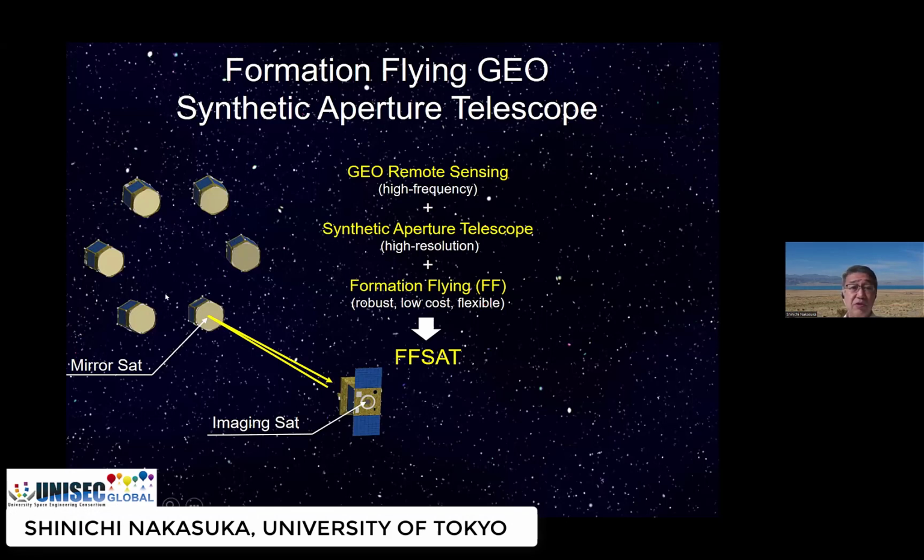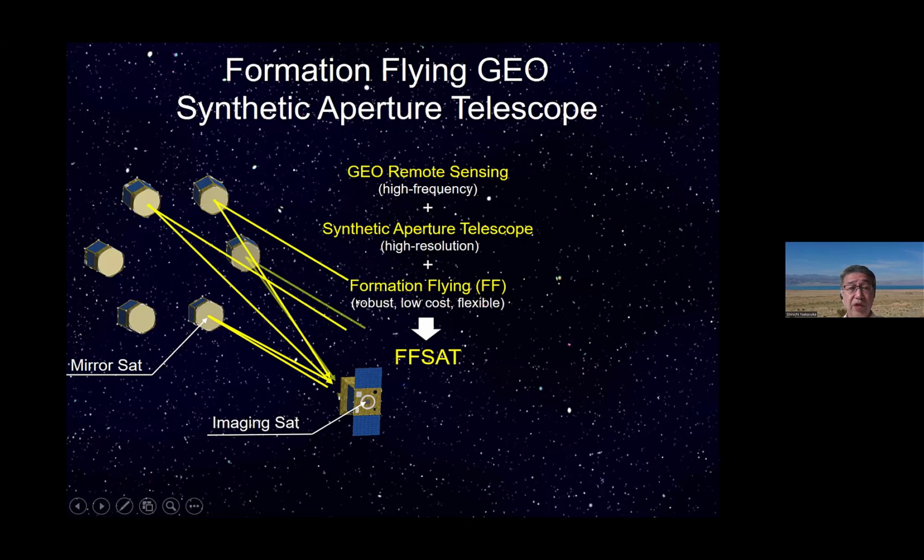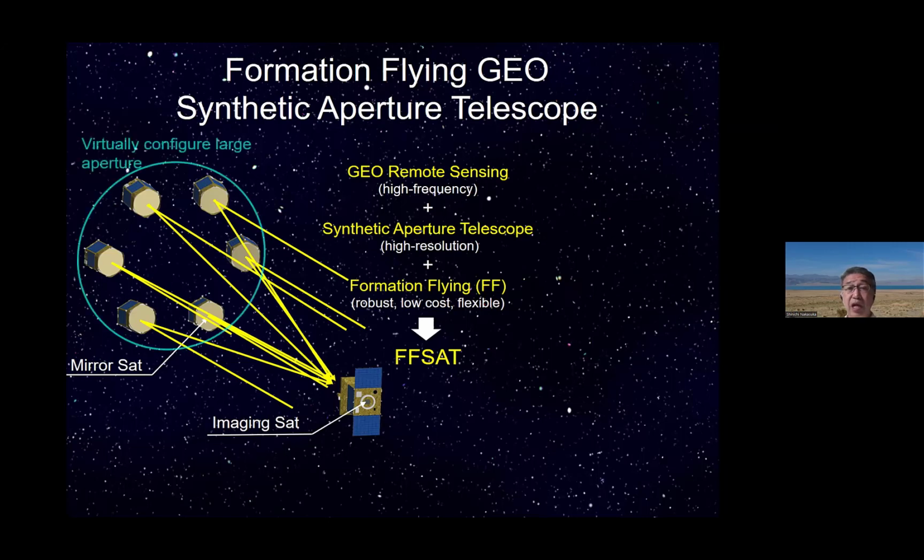So another application is a synthetic aperture telescope. This is also a satellite system which we are studying. We put six satellites in the geostationary orbit, and then the light will be reflected by these six satellite mirrors and then converge to the main imaging satellite. With this type of synthetic aperture, we can obtain high spatial resolution on the ground.